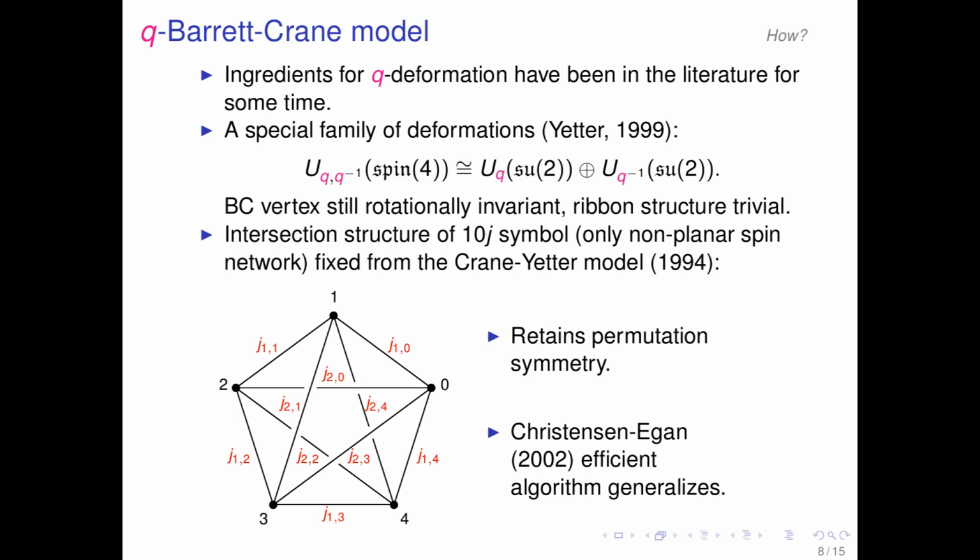The nice thing is that even though it may not appear this way, the evaluation of the spin network still retains symmetry under permutation of the 5 vertices. And the efficient algorithm that Dan and a collaborator constructed to evaluate the 10j symbol when q is equal to 1 can be extended to the q-deformed case, and we have done this.